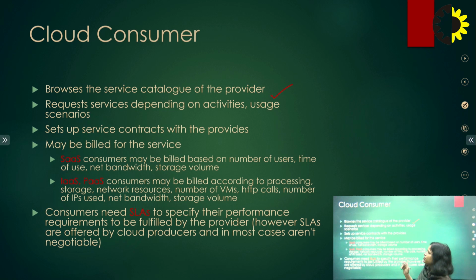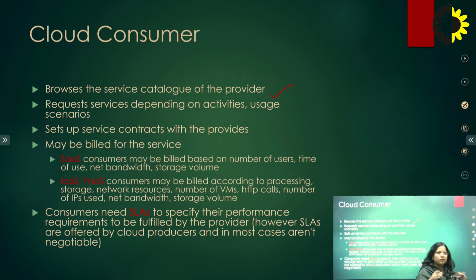Next, after the request is sent to the service provider or the broker, there is a contract between the provider and the broker. Even if the cloud consumer purchases the service from the cloud broker, there is still a contract between the cloud consumer and the cloud provider.